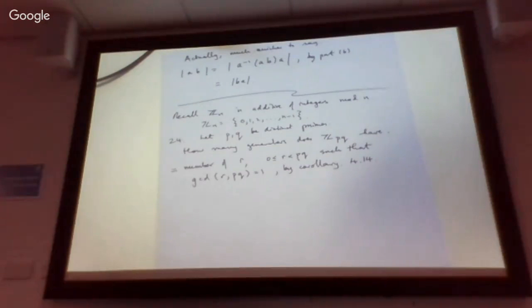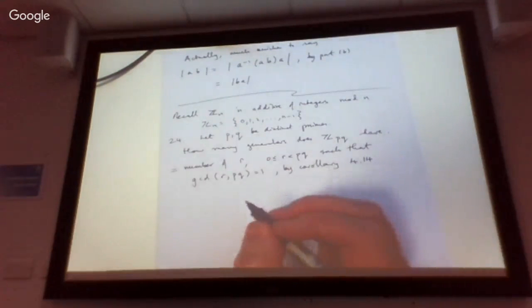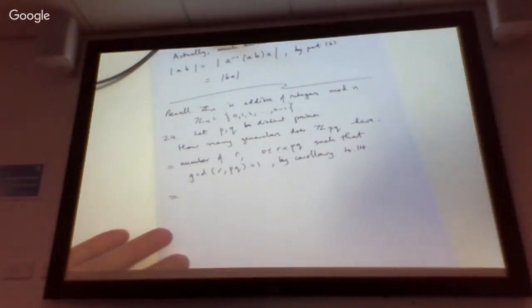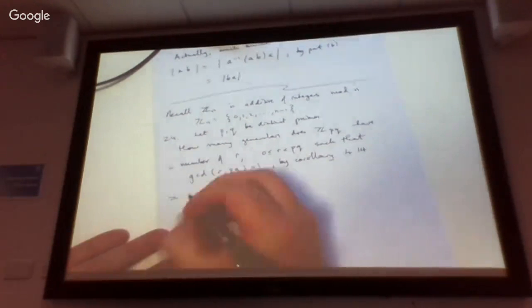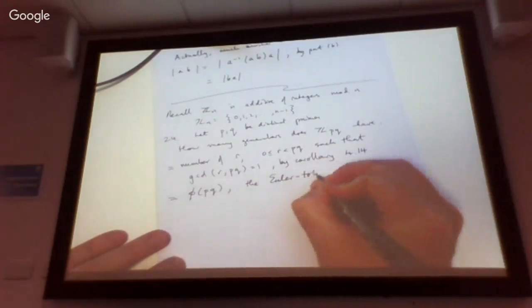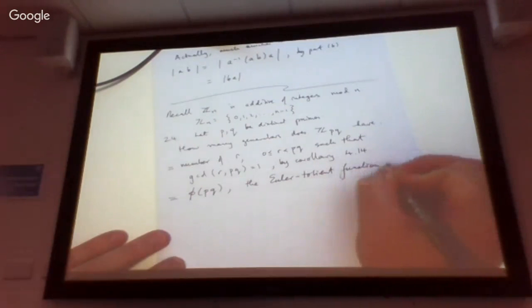Actually, it's much quicker to say that the order of AB, let's conjugate it by A, so that's by part B. Of course, the A's cancel, so that's just equal to the order of BA. Yeah, that's a lot quicker.